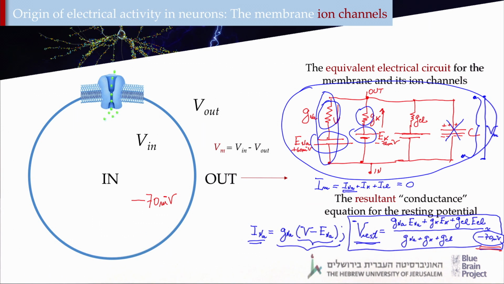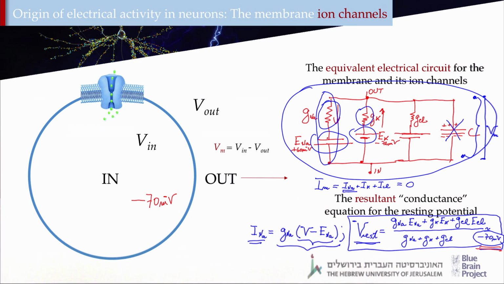So this minus 70, this resting potential, is really the baseline, the reference potential for the development of other types of signals, the spikes and the synaptic potentials. So this is really the essence of the electrical basis for neuronal activity.